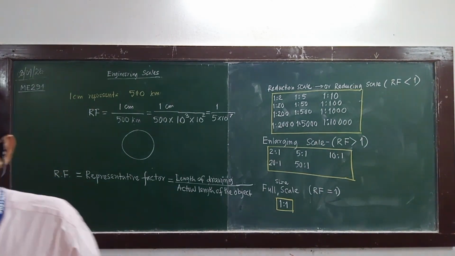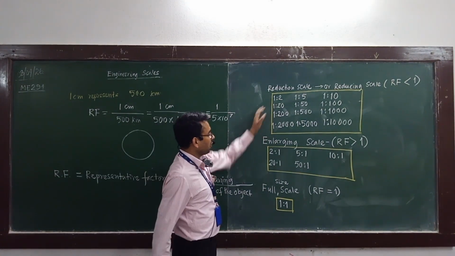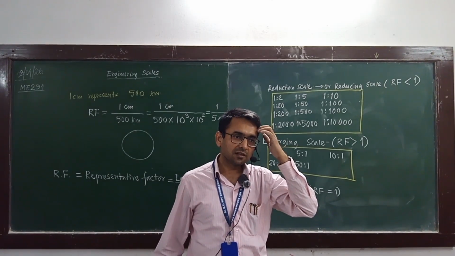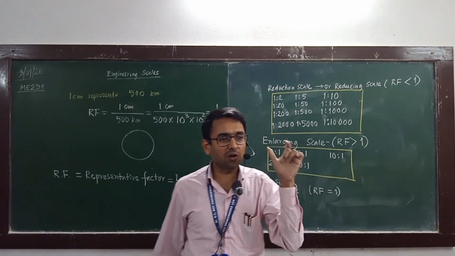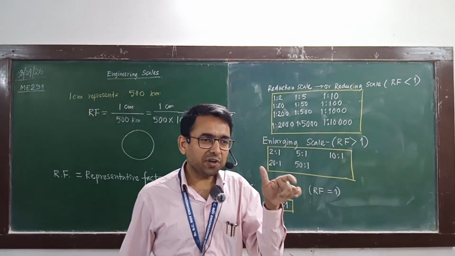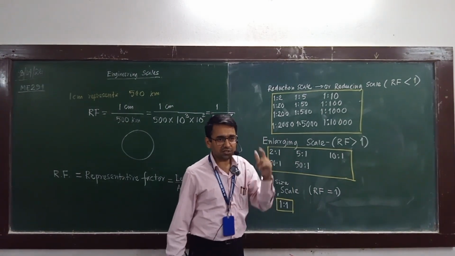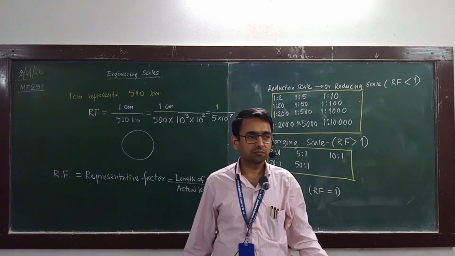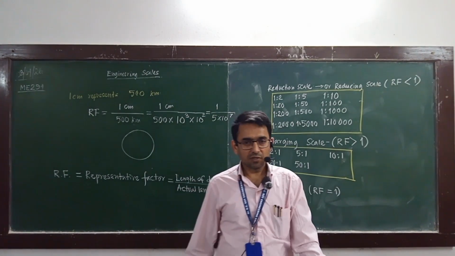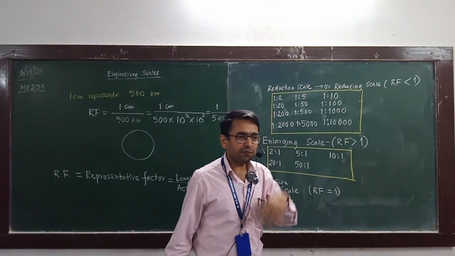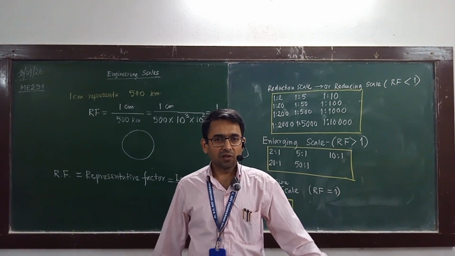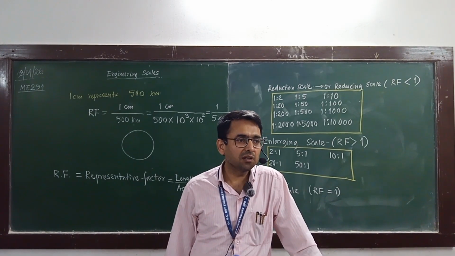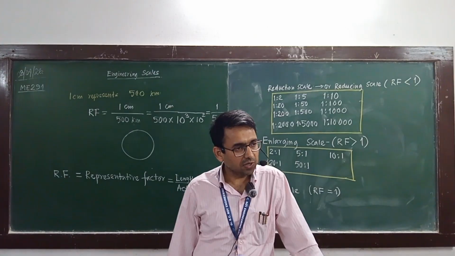Now, in a reducing scale or an enlarging scale, how will you draw that? Say, if I ask you to draw a circle of radius 10 centimeter in a reduced scale of 1:2, you will draw a circle of radius 5 centimeter. Again, if I ask you to draw a circle of radius 11 centimeter, you will use 5.5.